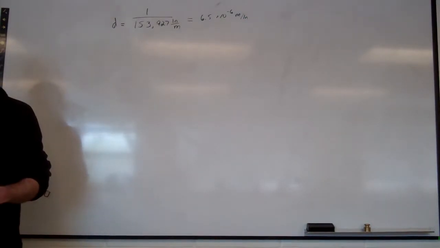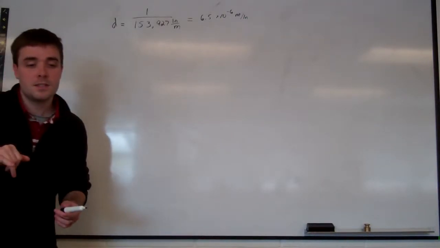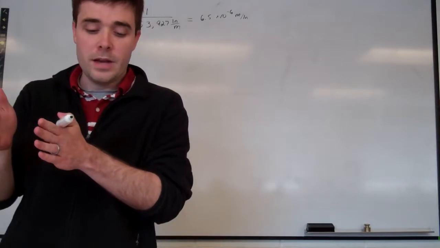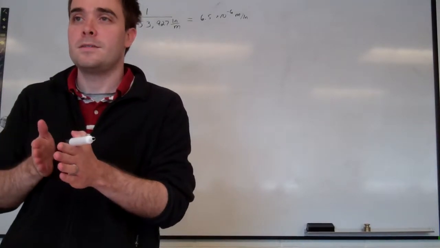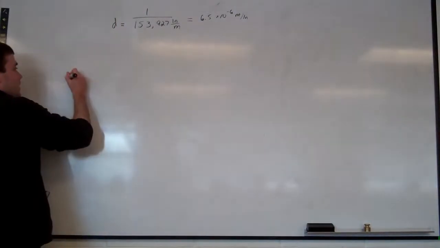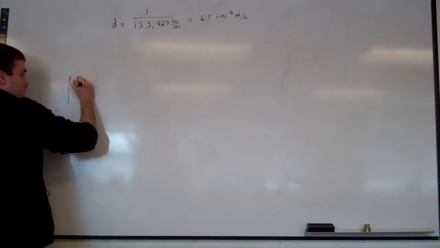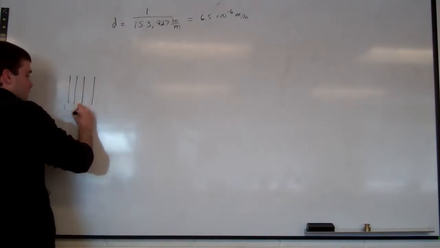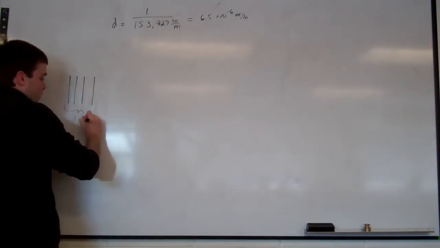How do you know that it had to be that? It gives us how many lines per meter, and what we really want is meters per line. How do we know that we want that? Say the black lines are the spaces here, and let's say that's 1 centimeter just for a case.